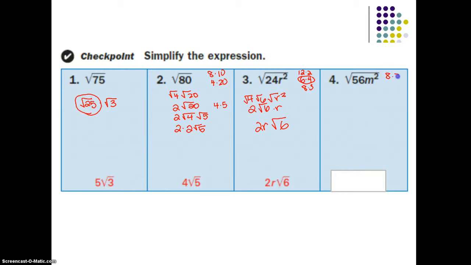56. 8 and 7 make 56. That's not going to help me. What else can make 56? Well, we can do 28 and 2. That's not going to help me either. 4 and 14. Okay, well, let's try this because we know 4 is perfect.